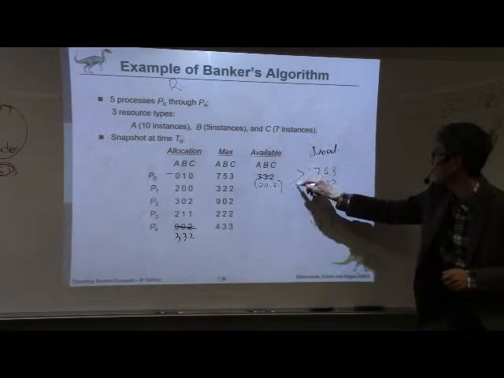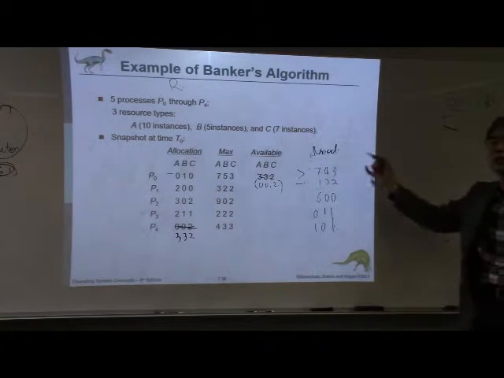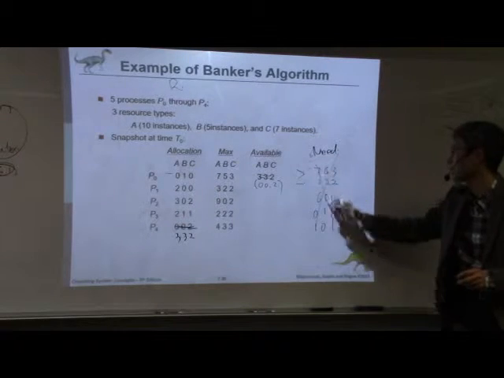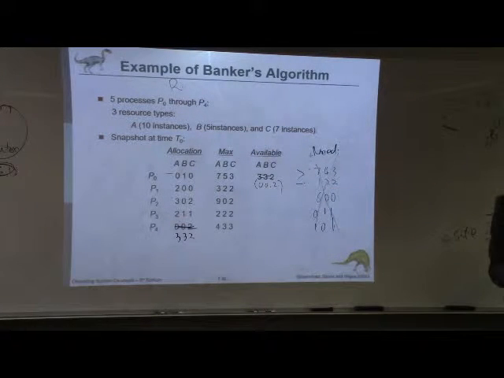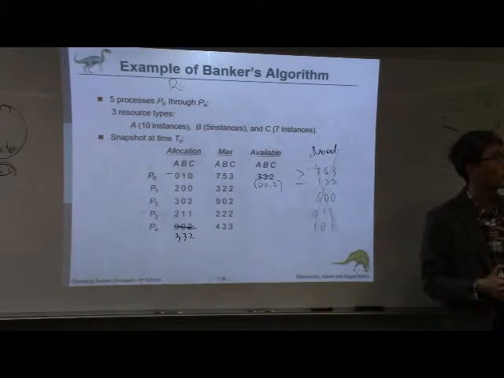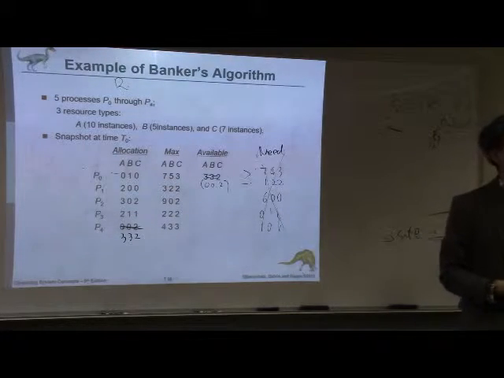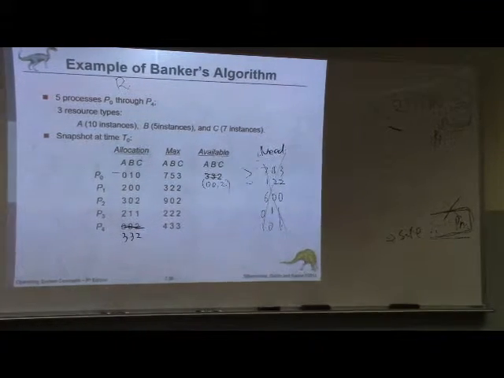Is there any one? There's no one. No process can be completed. So this is an unsafe state, which means decline the request. That is the deadlock avoidance algorithm.